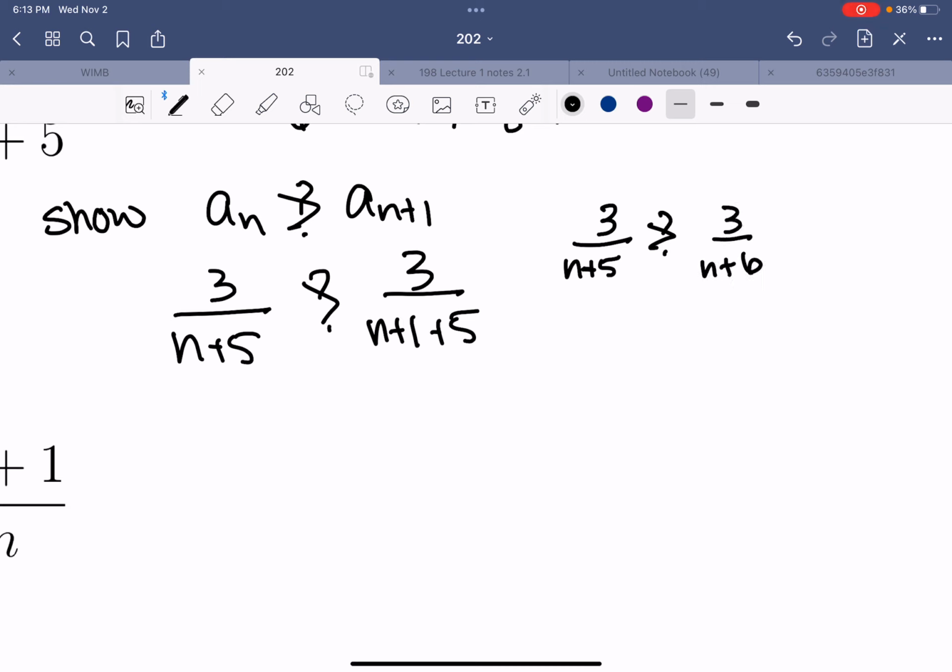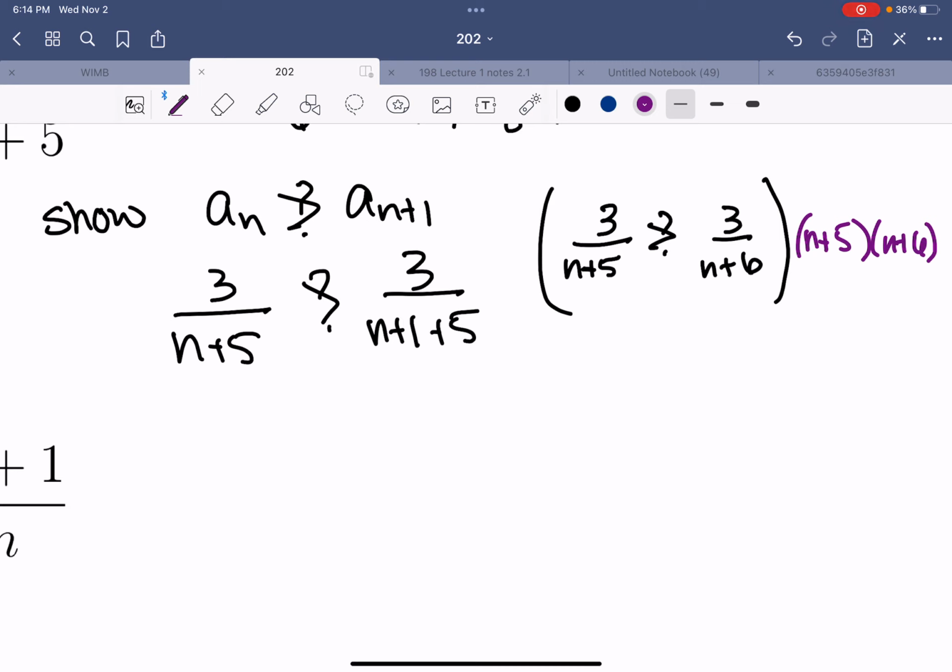And if you multiply both sides by n plus 5 times n plus 6 to clear my denominators. Now keep in mind that n is a number that's equal to or greater than 1, and so both of those two things are positive. So we're going to keep our inequality sign.